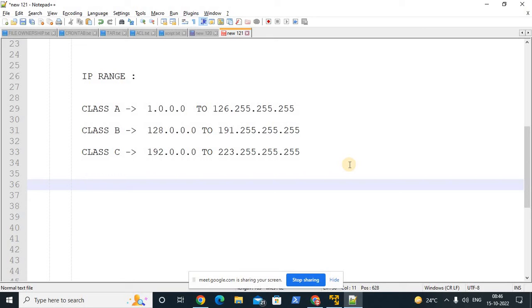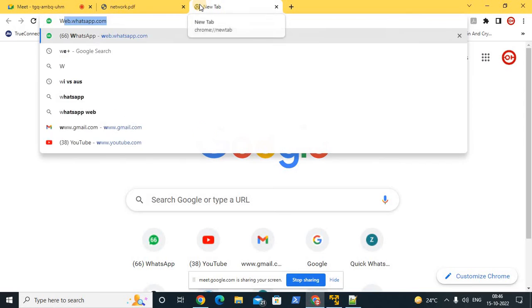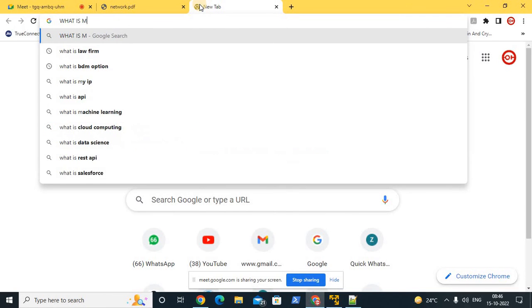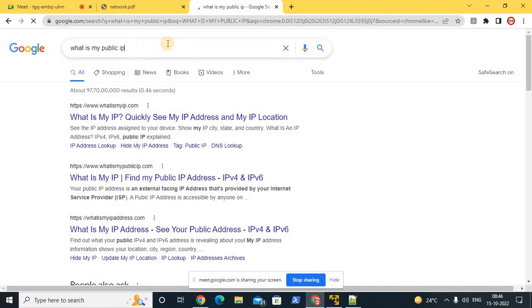Whenever I try to access the internet on my mobile, the service provider automatically gives us a public IP. If you want to check, here I can search what is my public IP. Currently I am connected to the internet.